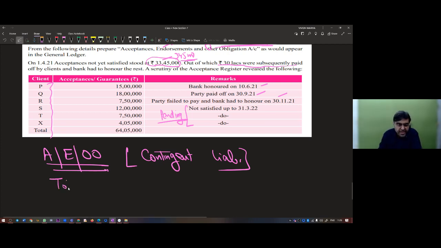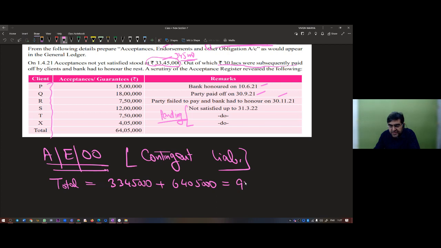Total amount is opening balance 33,45,000 plus during the year 64,05,000, which is 97.50 lakhs.